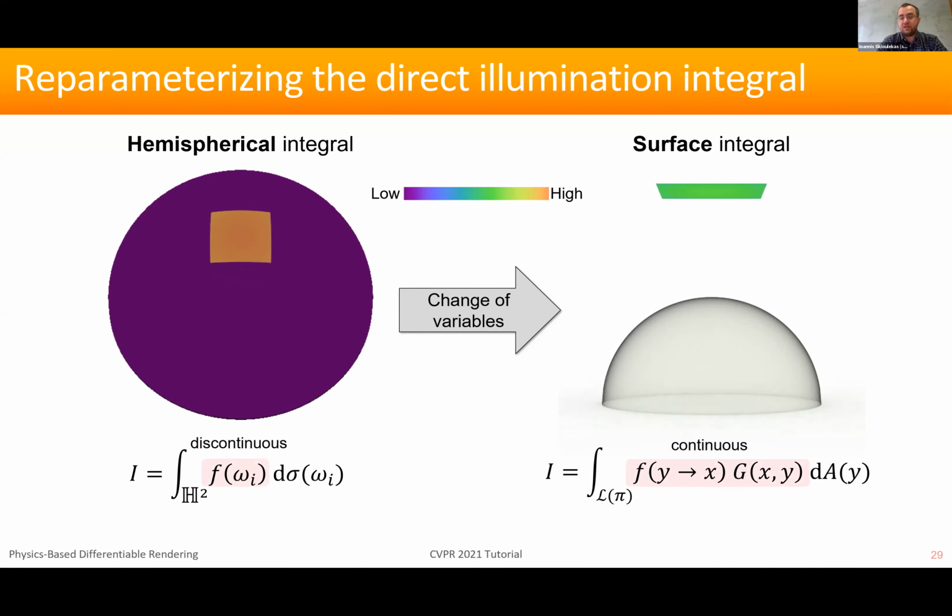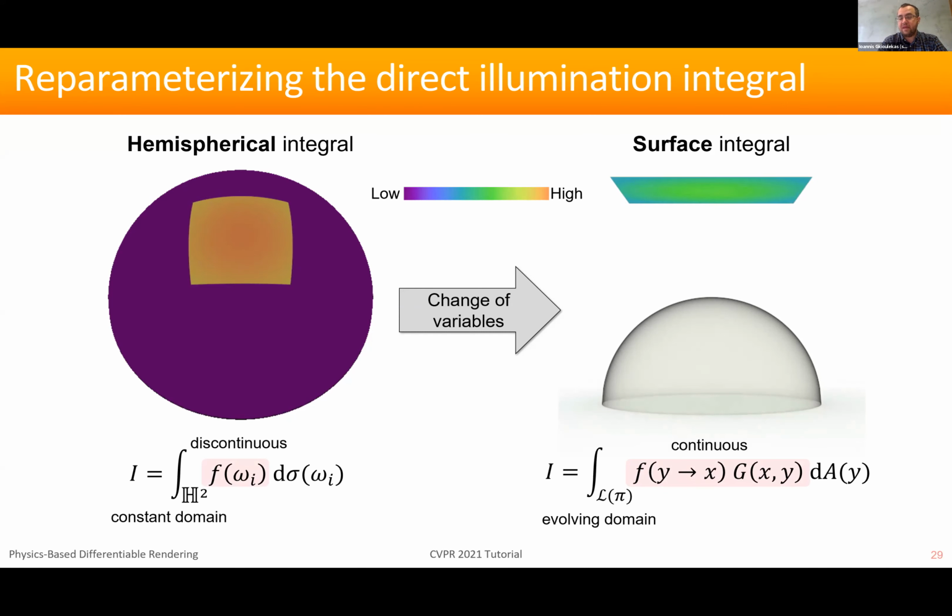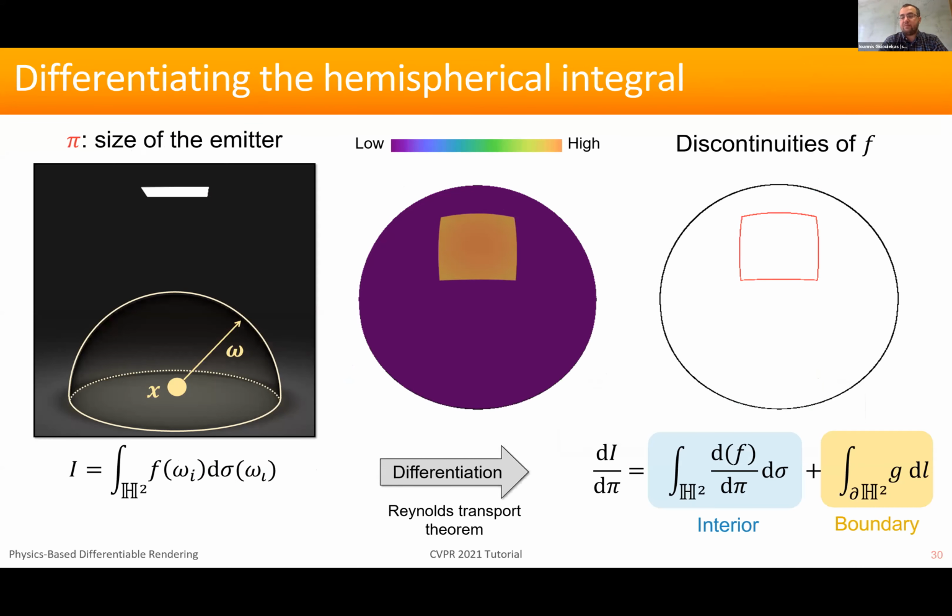And we end up going from a discontinuous integrand to a continuous integrand, but from a constant domain to an evolving domain, a domain that depends on the parameter pi with respect to which we want to compute derivatives. We can now apply the Reynolds transport theorem to either one of these versions of direct illumination.